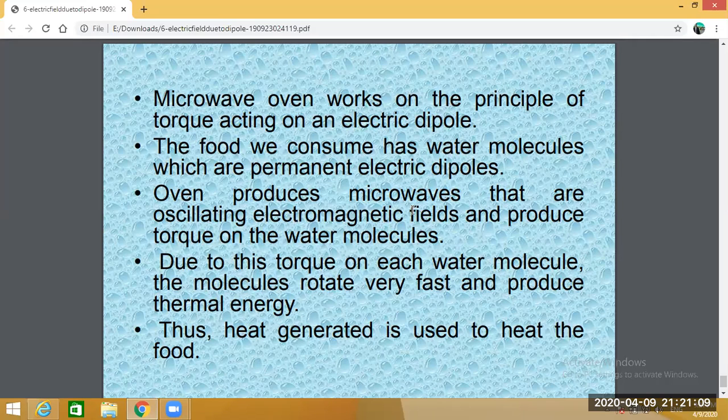We know that all these waves are electromagnetic. Microwaves are also electromagnetic waves, and an electromagnetic wave basically contains two kinds of field mutually perpendicular to each other, electric field and magnetic field. So this electric field will act on the dipole of water molecules and produce a torque on the water molecules.